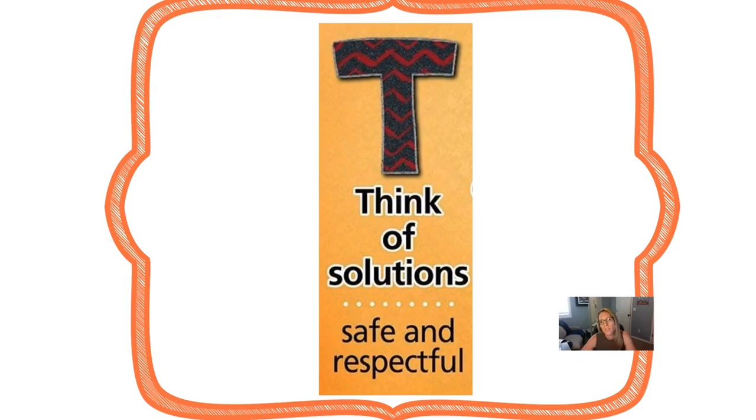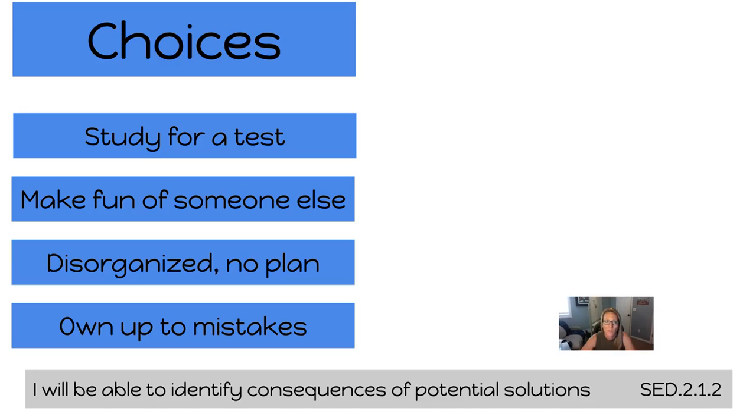The next step is to think about all the solutions that you could come up with. There's never just one way to solve a problem. There's usually lots of different ways. Remember, you have choices, and you're in control of those choices. You could choose to study for a test or not. You can choose to make fun of someone.